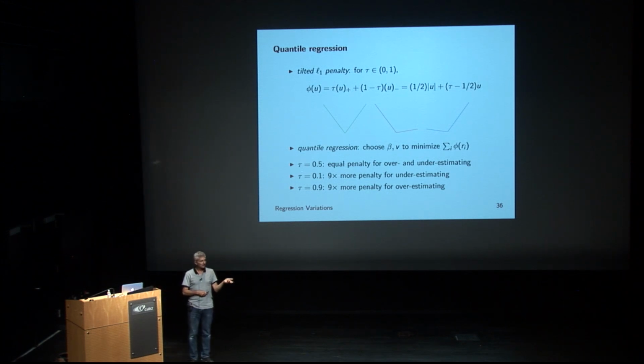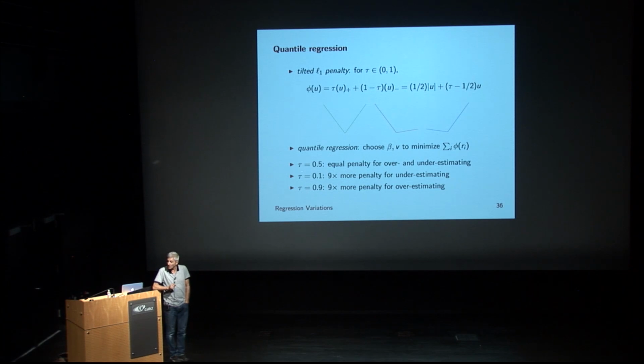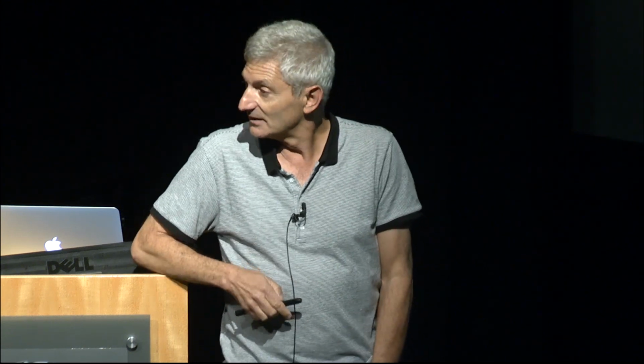It's tau and 1 minus tau. This says it bothers me 9 times more to underestimate than overestimate. And this says it bothers me 9 times more to overestimate than underestimate.